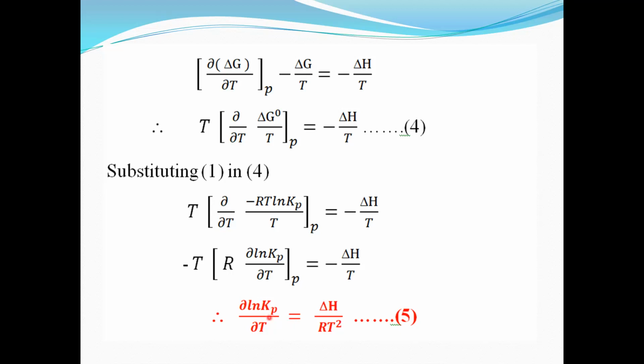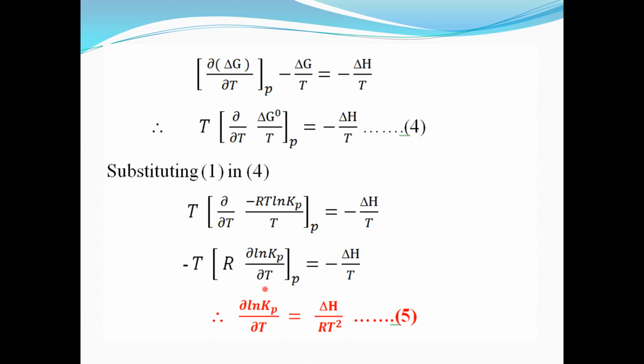For this, we have to integrate equation 5, and its limits will be ln Kp1 to Kp2. Kp is the equilibrium constant, and p is the pressure. When the reaction is in the gaseous state, the equilibrium constant is denoted by Kp. Remember that. When all reactants and products are in the gaseous state, the equilibrium constant of that reaction is denoted by Kp.